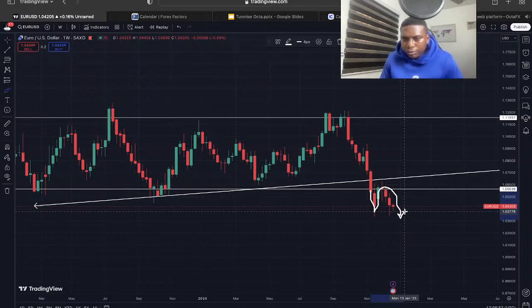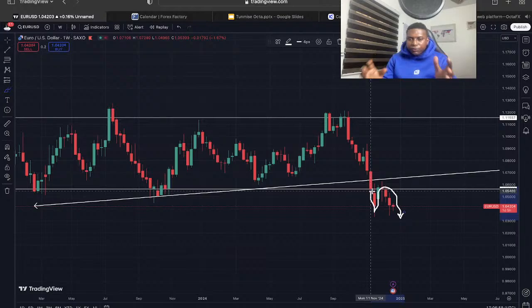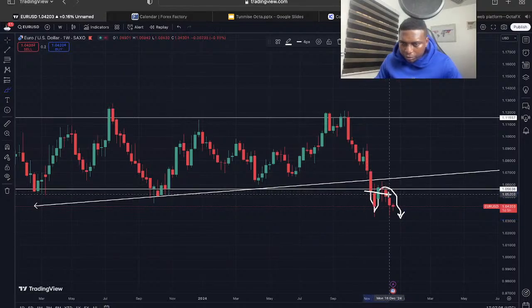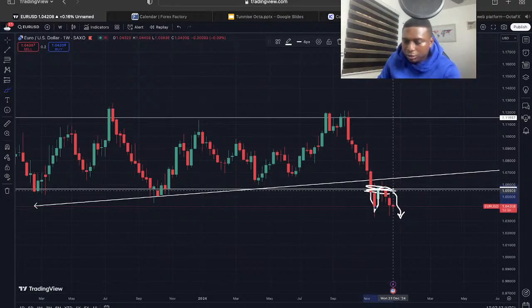Like I mentioned for those who joined in our last week's session, when there is a breakout, there is an 80% chance of a pullback, and when a pullback occurs, you want to be sure it is not a fake breakout, and also you want to be sure that price has reversed.